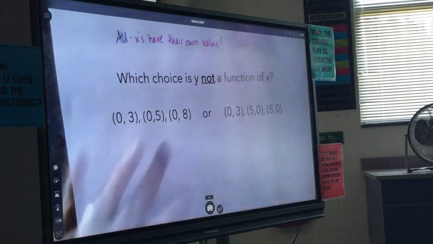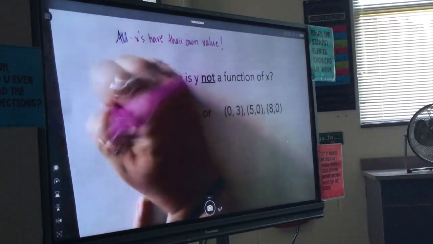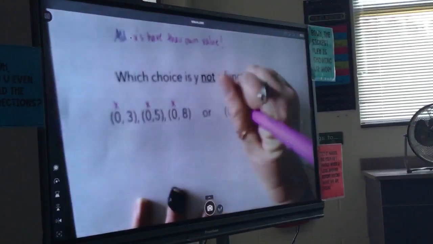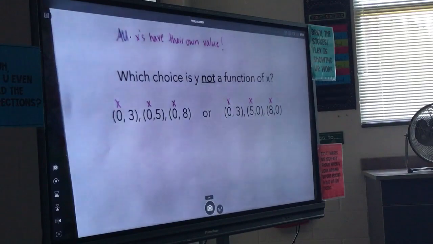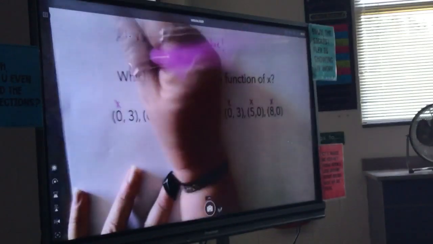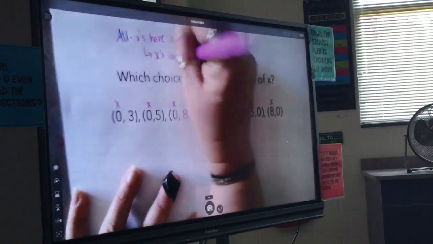Okay, so what this means, looking at these two options, this is my x, this is my x, this is my x in this one, and then this is my x, this is my x, this is my x. Your x cannot repeat. Okay, so if they all have their own value, this means x's can't repeat.